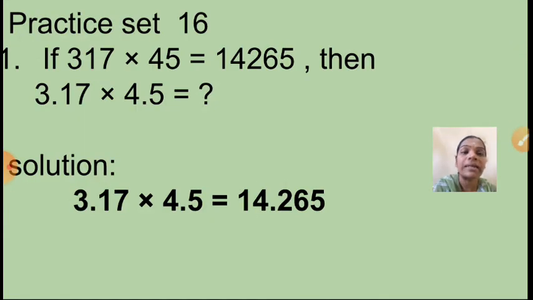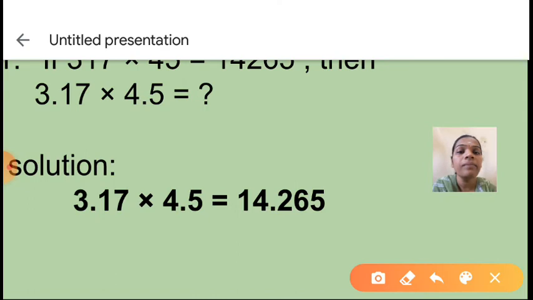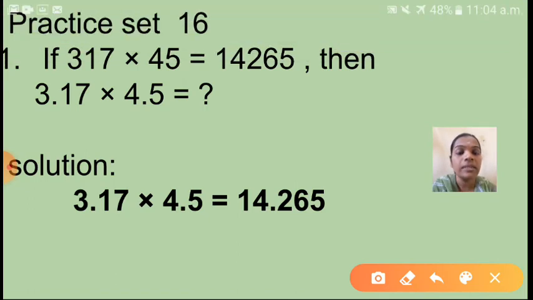See here, practice set 16. First question is, if 317 into 45 is equal to 14,265, the answer is also given here. If you multiply these two numbers, you will get this answer.